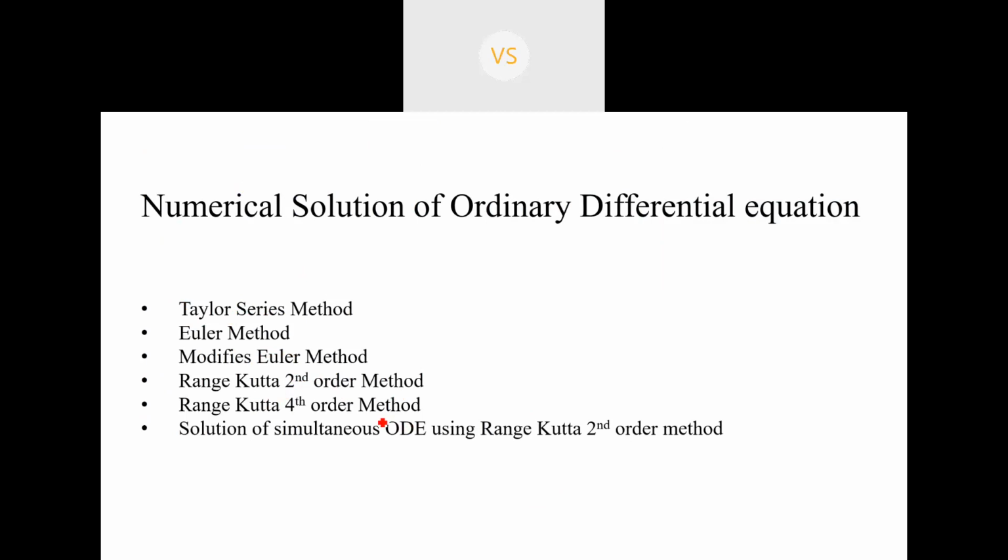Now only one thing remains in this: the solution of simultaneous ordinary differential equations using the RK second order method. Only this is remaining in ordinary differential equations. That we will cover in the next lecture, and then we'll be starting with partial differential equations. I will give you some problems to solve based on all these methods. Better solve them. Thank you.